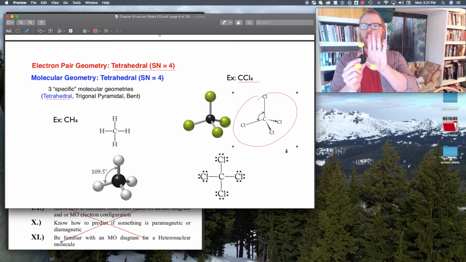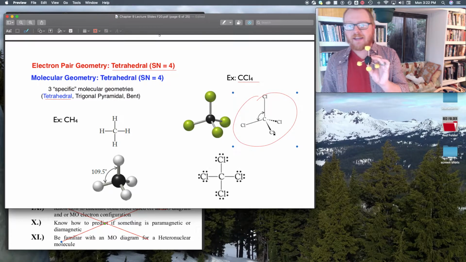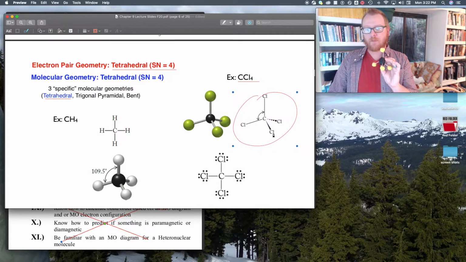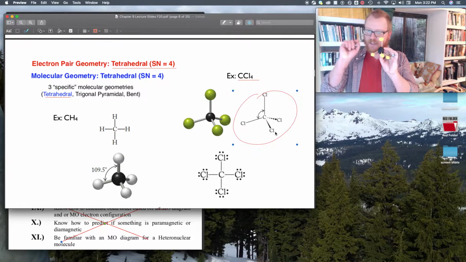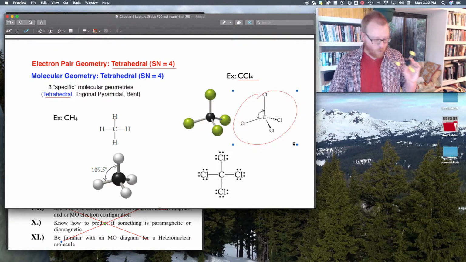So this atom and this atom are in the same plane, right? But now, the atom that's in the background, which would be this one, and the atom that's in the foreground, which would be this one, we represent with a dashed line and a wedge. So typically the wedge means it's going out at you, and the dashed line means it's going in through the paper, okay?